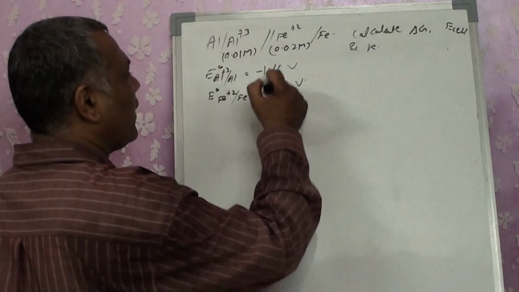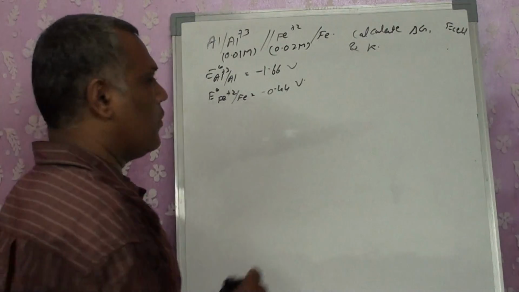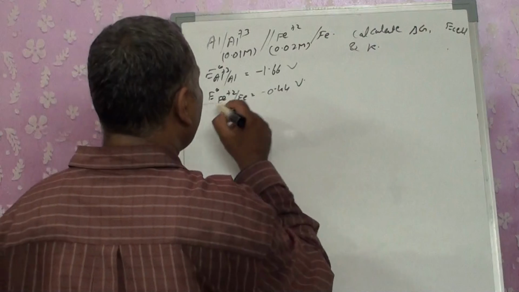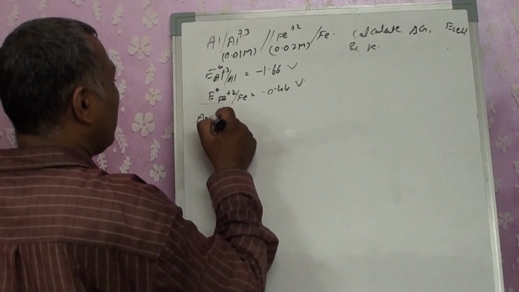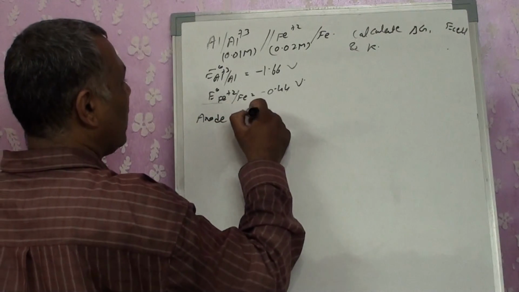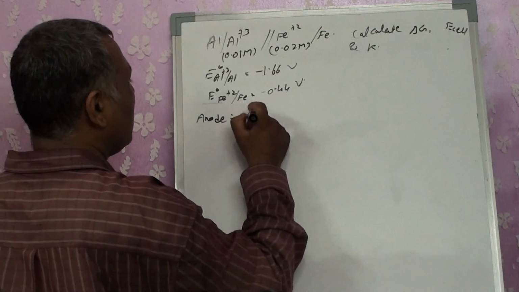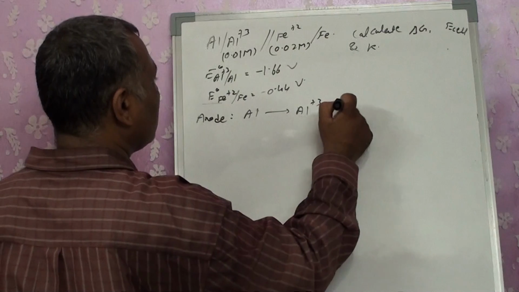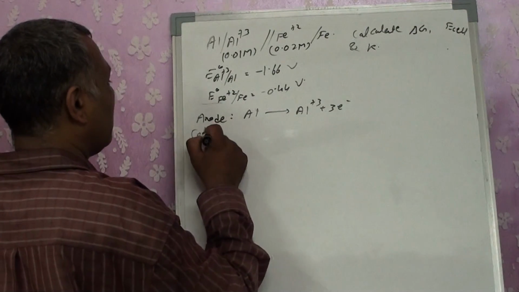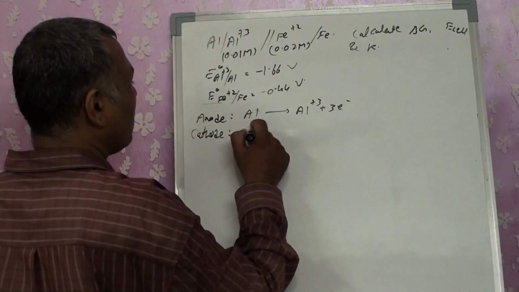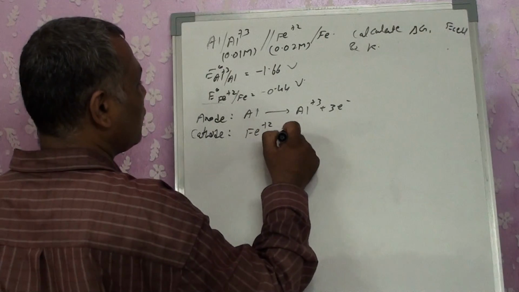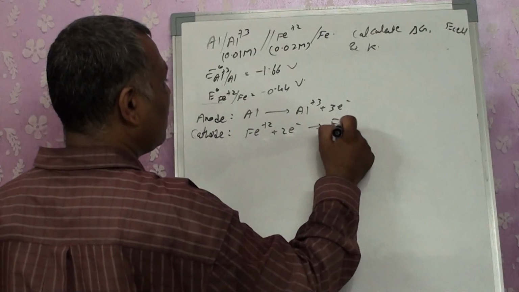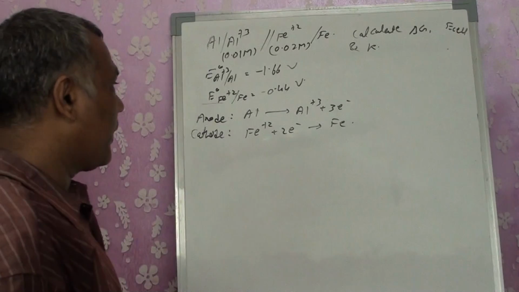This one is going to be the cathode, this one is going to be the anode. So the reaction: on the anode, Al changes to Al3+ plus 3 electrons. On the cathode, Fe2+ plus 2e- gets converted into Fe.